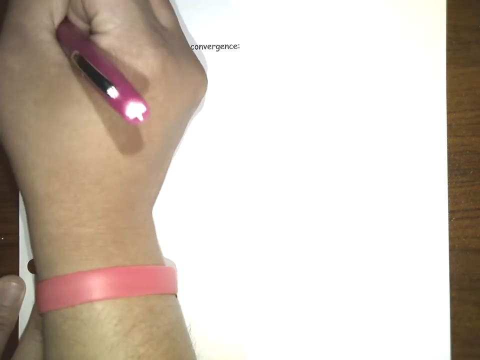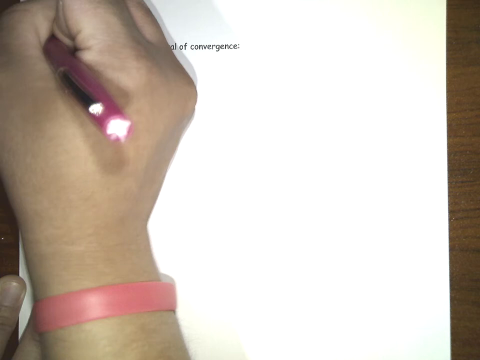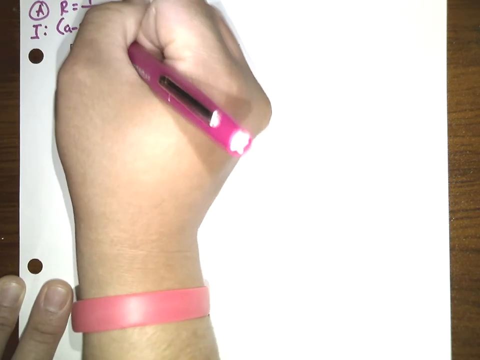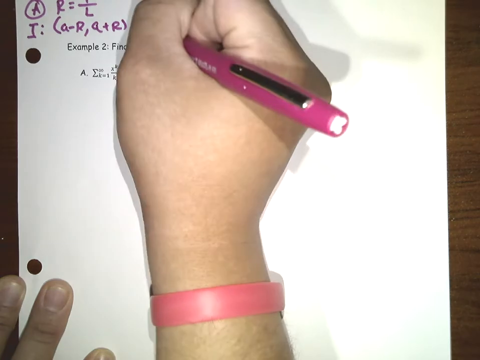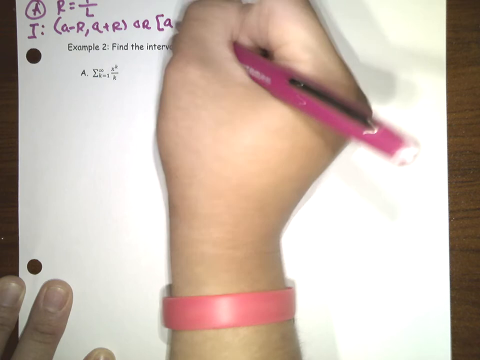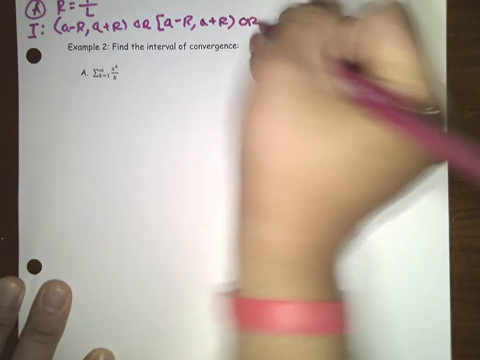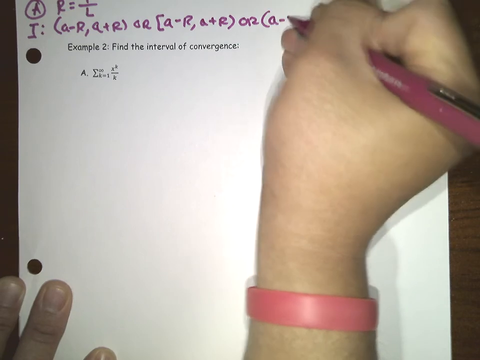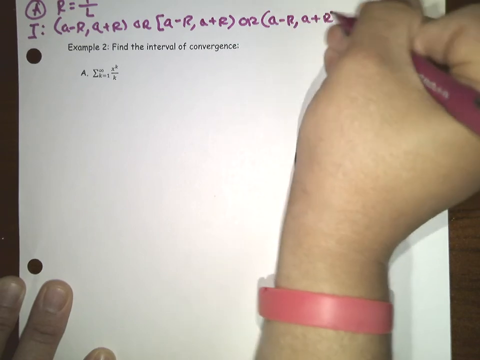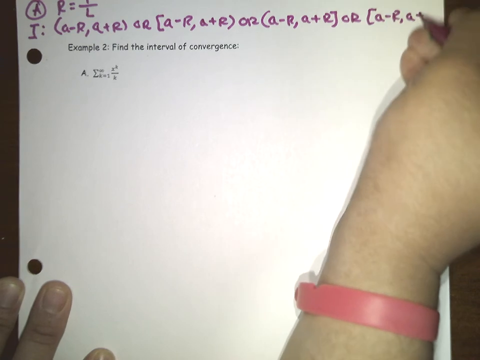In case 1, if R was 1 over L, then the interval would be either a minus R to a plus R, or it could converge at a minus R but not at a plus R, or it could converge at a plus R but not a minus R, or it could converge at both endpoints.